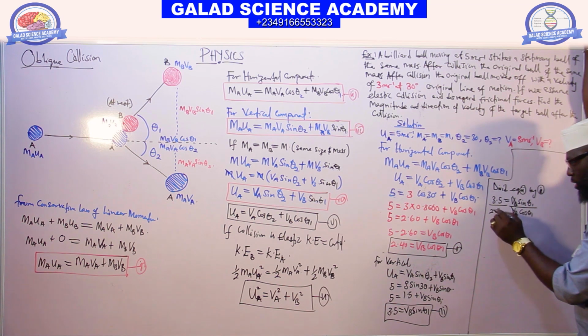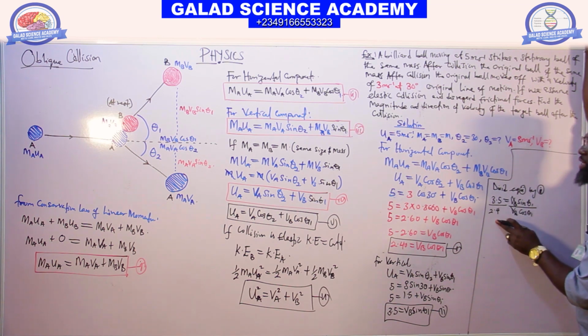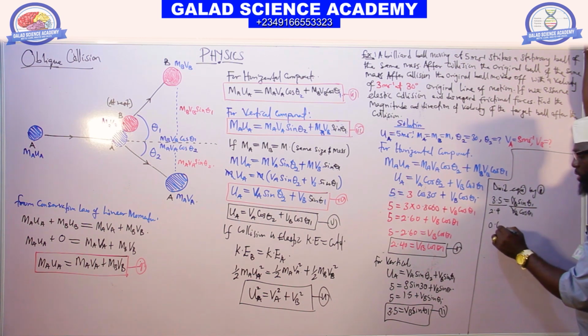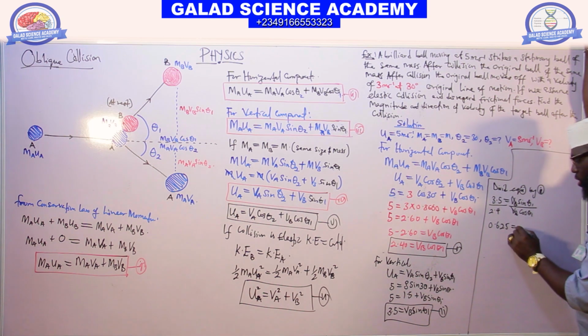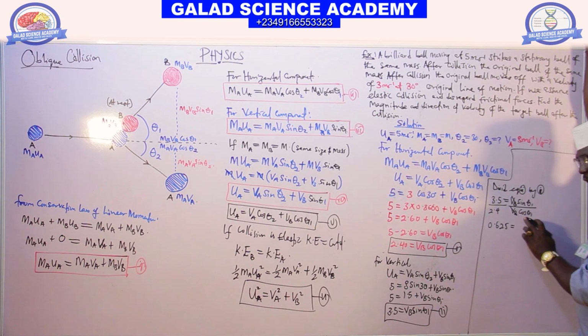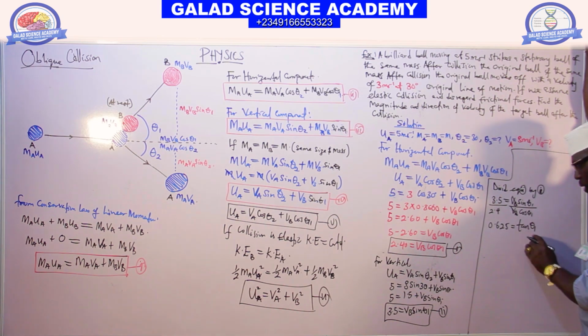We now have 3.5 divided by 2.4, which gives 0.625, equal to sine over cos. We have done it in trig in mathematics. Sine over cos is equal to tan theta 1.